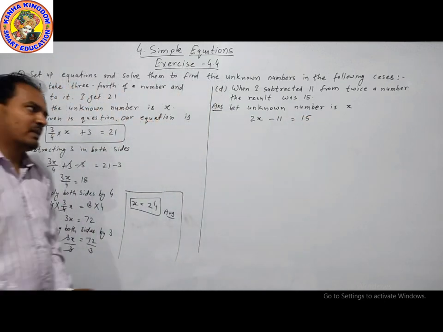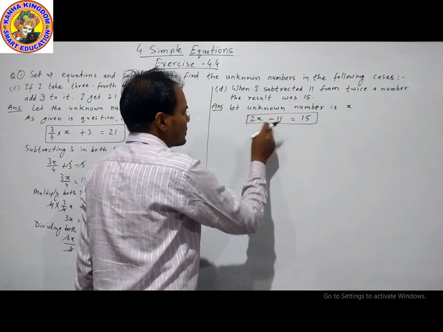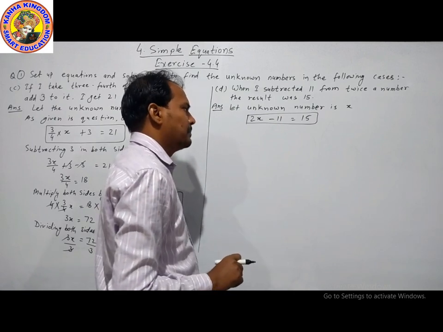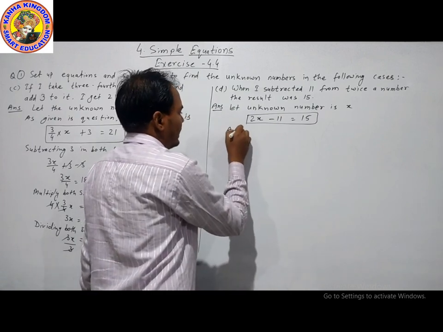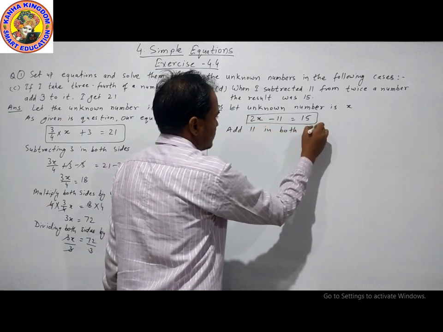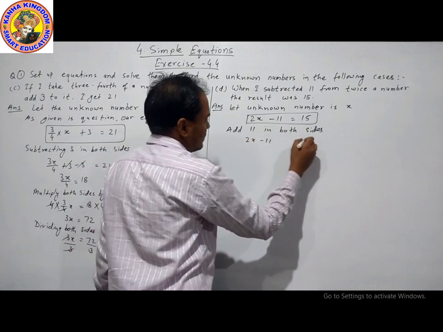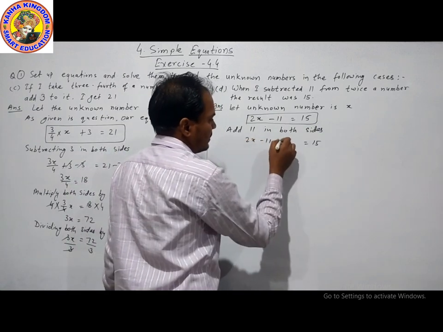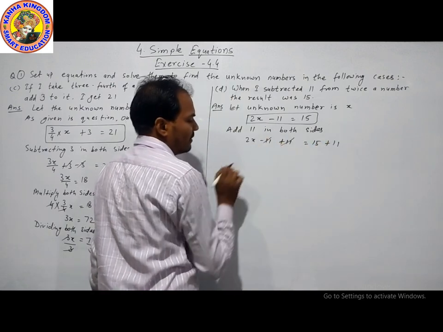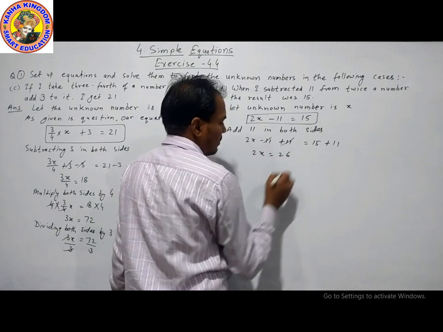This is our equation. In this equation, first of all, here is minus 11, so we will take plus 11. Add 11 on both sides. 2x minus 11 and here is 15, plus 11 and plus 11. 11 and 11 will be cancelled. 2x is equal to 26.